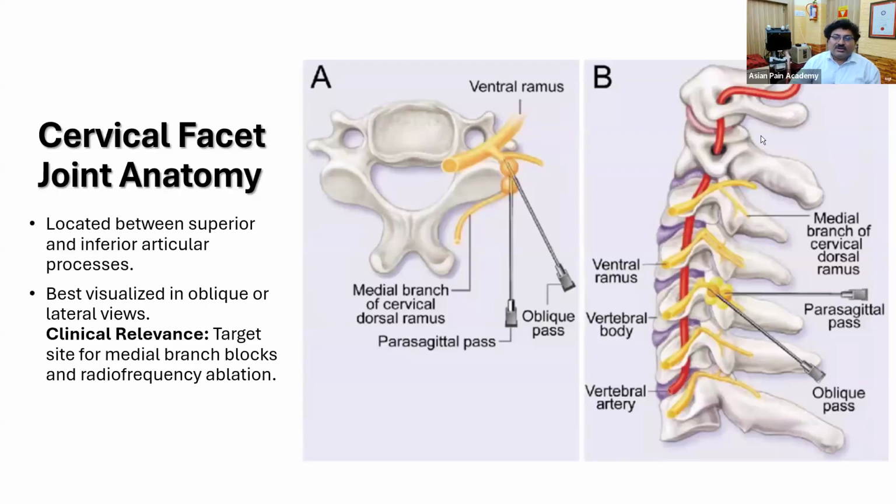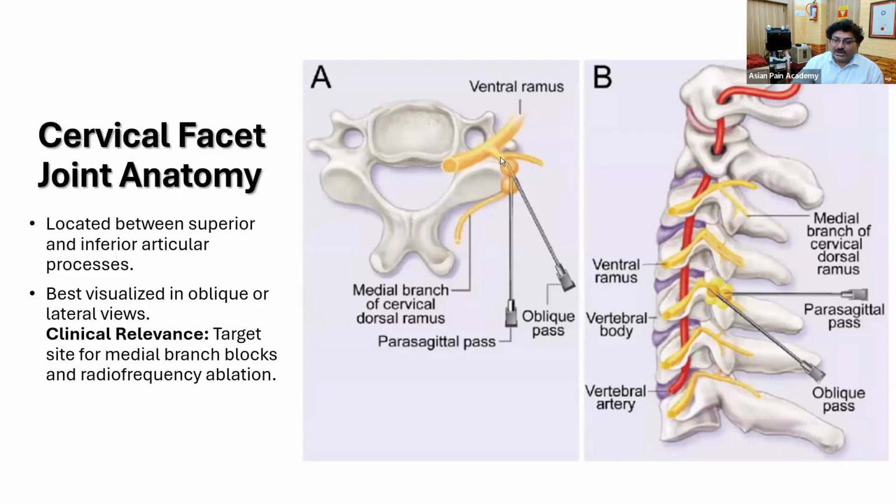Now coming to the facet joint anatomy. As I told, cervical facets, unlike lumbar facets, are mostly horizontal. They are plate-like and attach with the one above. So the capsular area is much larger compared to the lumbar facet, and there are possibilities that capsular breaks can sometimes occur.